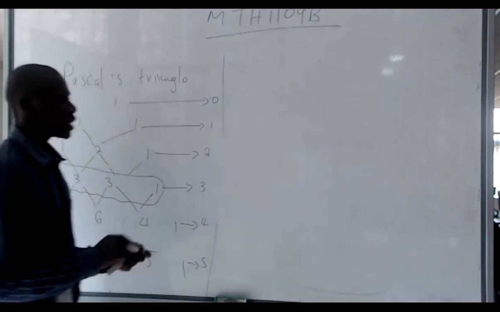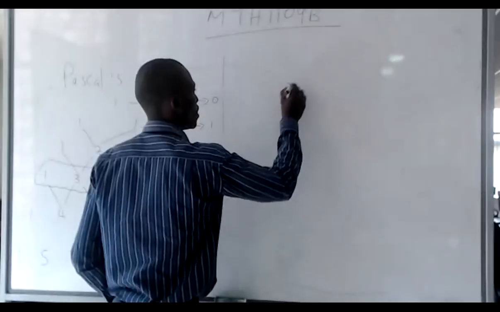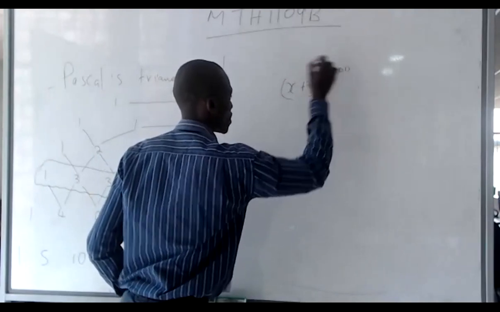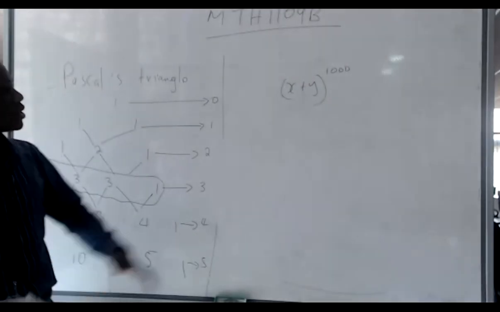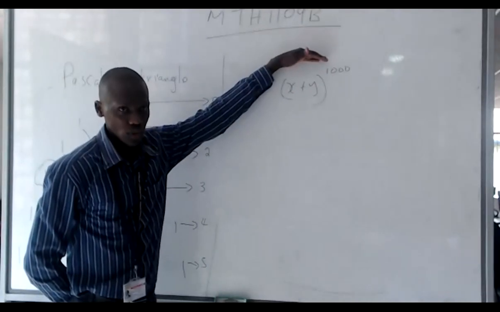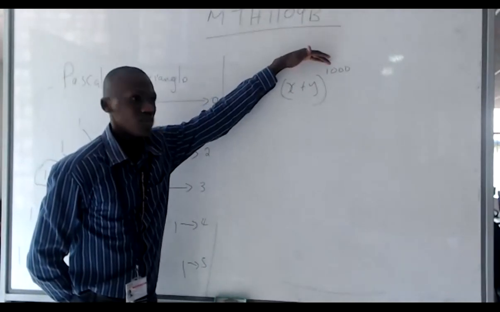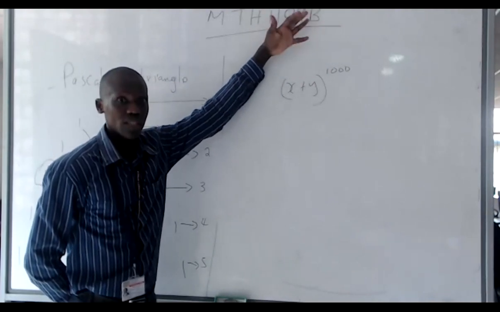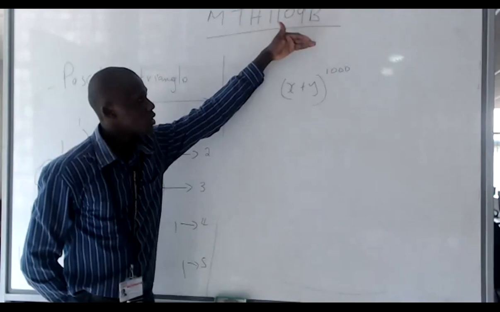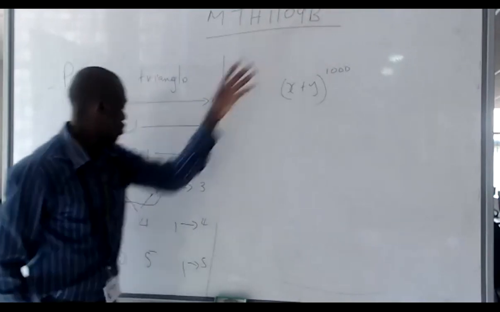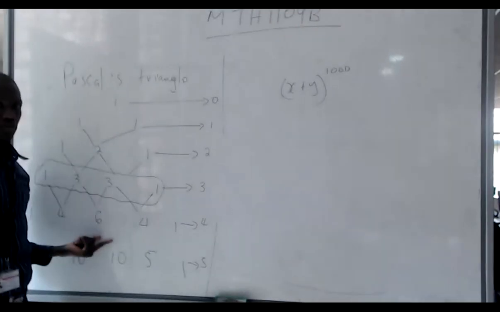So suppose someone asked you to expand x plus y raised to the power 1000. This means you will have to build up 999 rows before you get to the 1000th row. And mark you, the 999 rows are useless. You're not interested in them. I'm not interested in the coefficients for 5, 10, 6, but I'll have to put them if I were to use Pascal's triangle.